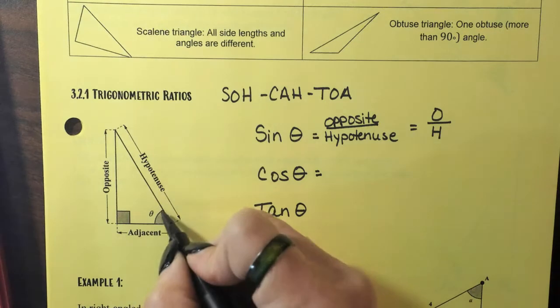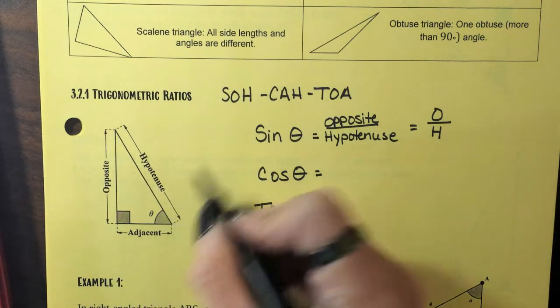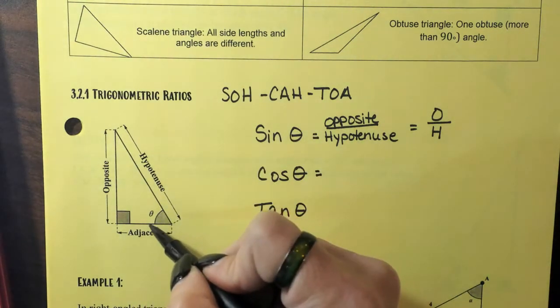For cosine of theta, of this angle right here, it's the CAH. It is the adjacent.